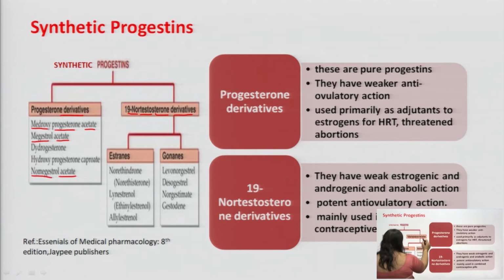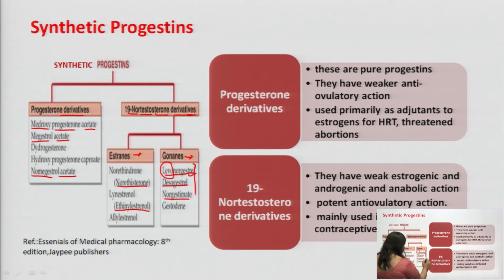Then the 19-nortestosterone derivatives are again divided into estranes and gonanes. The estranes are norethisterone and ethynodiol. The gonanes are norgestrel, but its levo form is more active, so we write it as levonorgestrel, or desogestrel, norgestimate.